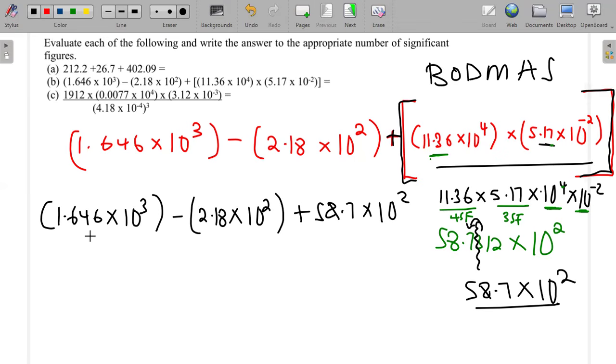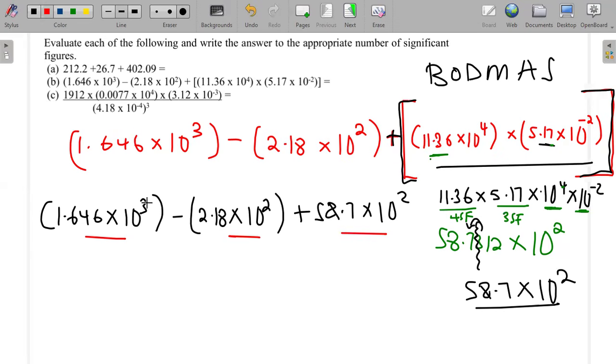All right, so here I have this and this and this. Okay, I want to add and subtract them. So this is 1.646 times 10 to the power 3. You can just punch that on the calculator. Or in an easy way, even without a calculator, you can say this is 10 power 3, meaning this point is going to be moved 3 times to the right.